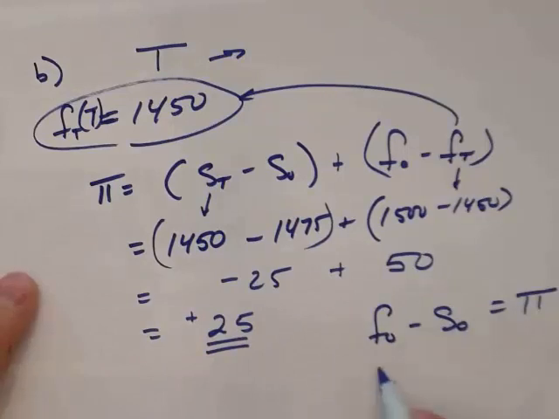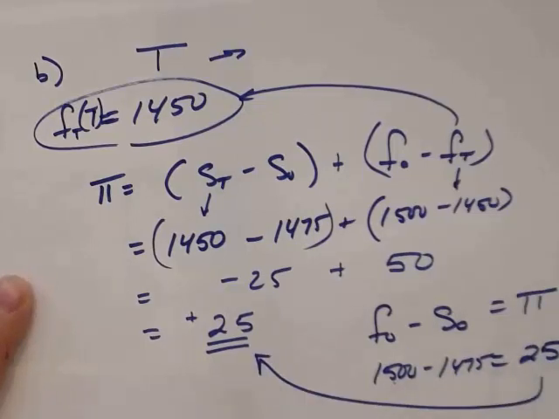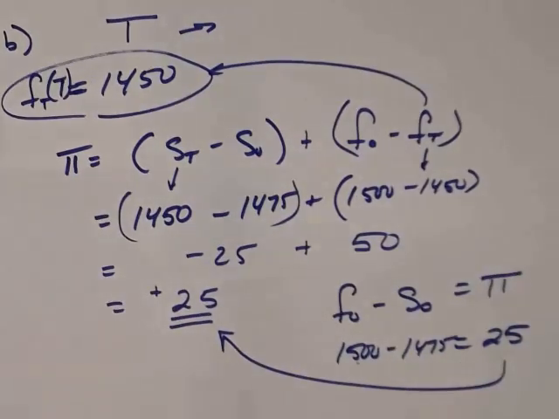And let's see, 1500 minus 1475, that's $25 right there. So there you have it, a really nice example using perfect hedging, the idea of perfect hedging, and looking at basis risk when you lift the hedge early, and then no basis risk using convergence principle if you hold the futures till expiration.